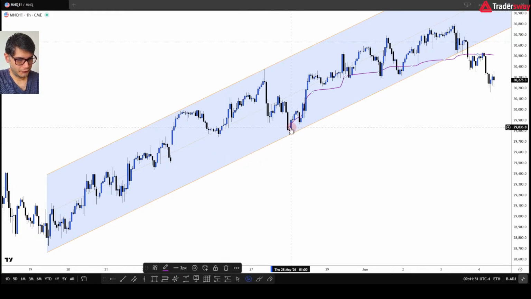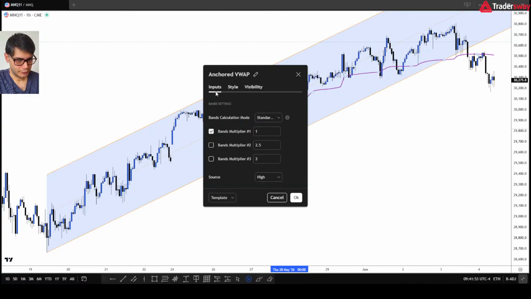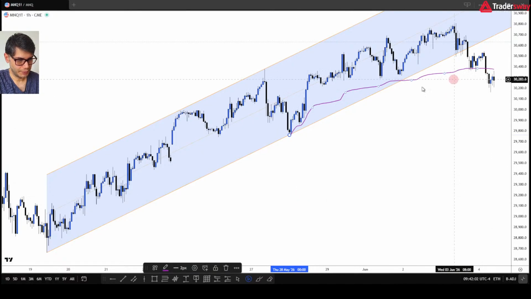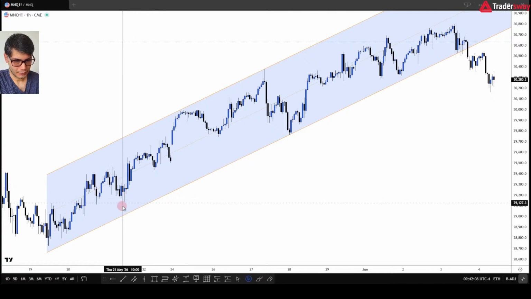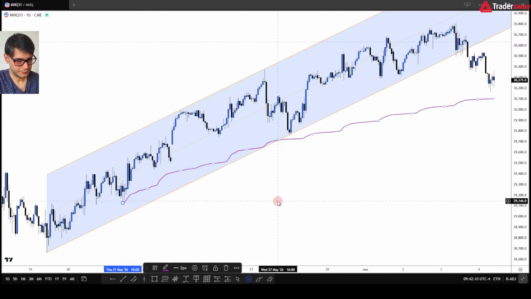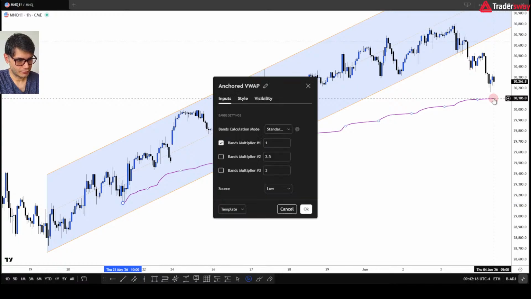I want to use my VWAP, anchor it to one of these lows to find the next support based on volume. So at the source, I pick low. It's already below it. This could be also a bear trap. Another one is here. It gives me an approximate price of $106.